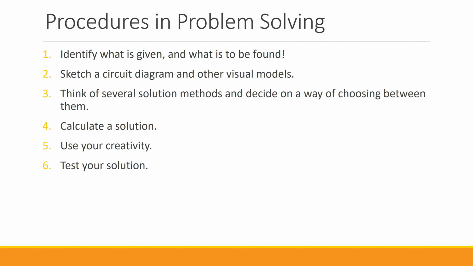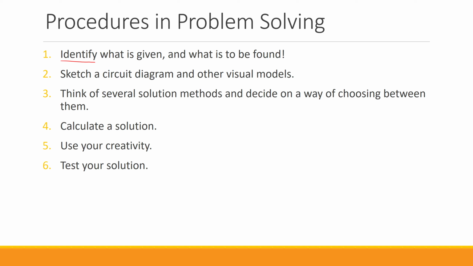So now that we saw this, let's briefly go over the procedures that we follow for solving electric circuits. The first step always is to identify what is given in the circuit. So whether it's the voltage at an element or the current through an element, right?